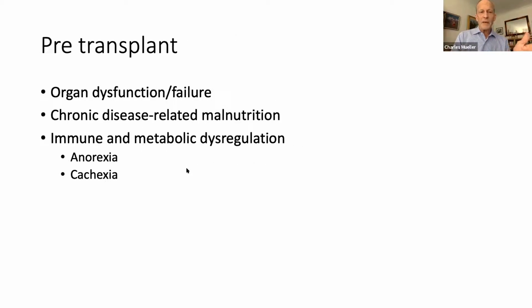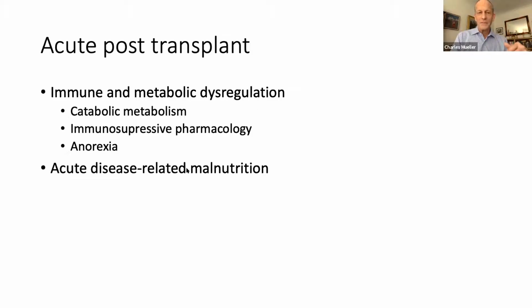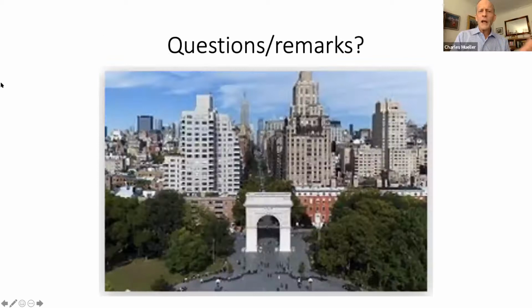Refeeding doesn't really happen in cachexia because they're breaking down tissue. They're not making it, okay? That's my quick and very dirty application of malnutrition to transplant. So I think we can go on to our next speaker, who knows more about this than I do.